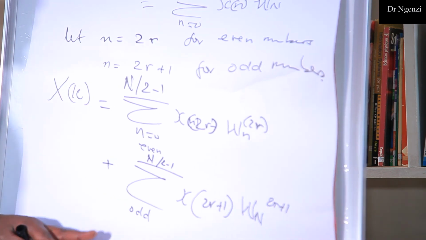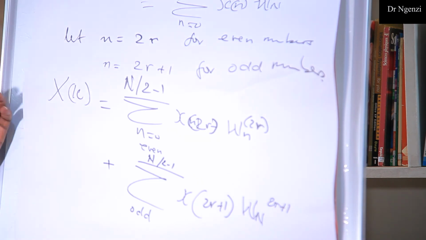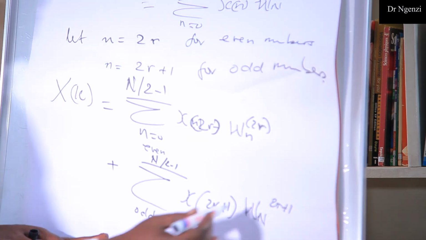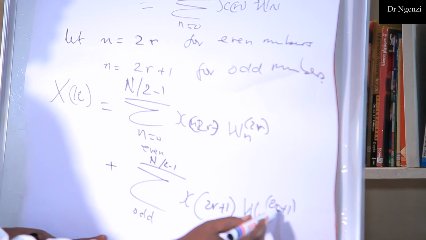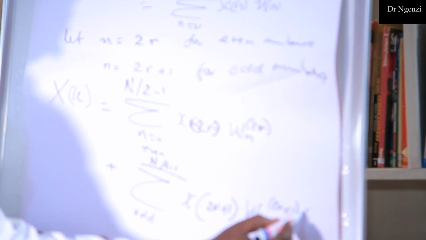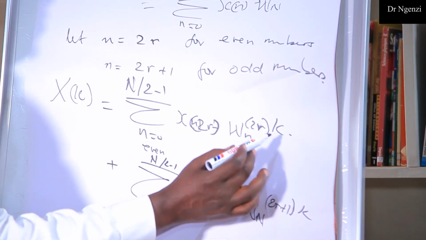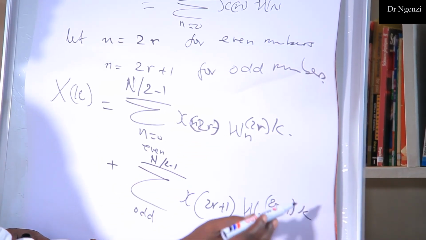But remember, if you have to include nk in this case, you can put the k values. For example, n is this one, then you put k for everyone. Remember, this is small n and this is small n.